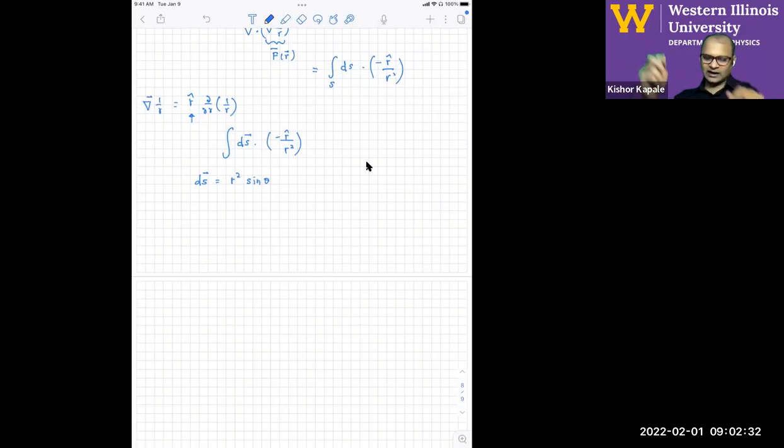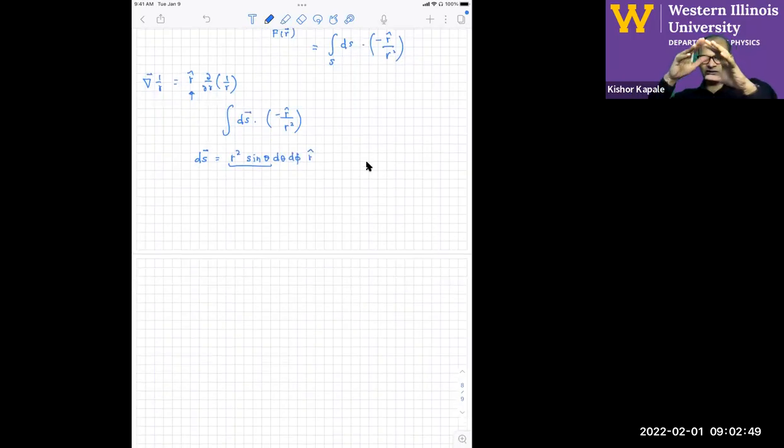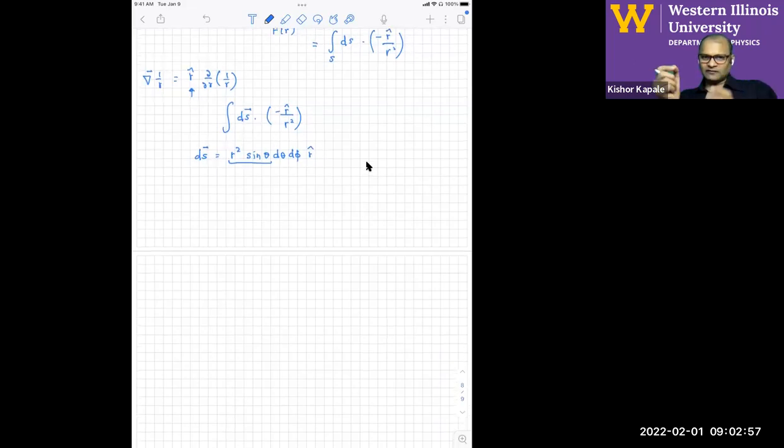You're going to have d theta and d phi, and so the surface element should have the dimension of length squared, which is where this r squared comes from, and then you have the sine theta d theta d phi in the direction r hat, because the surface element also has a normal vector, and the normal vector in this case is going to be radially away from the volume of interest, right?